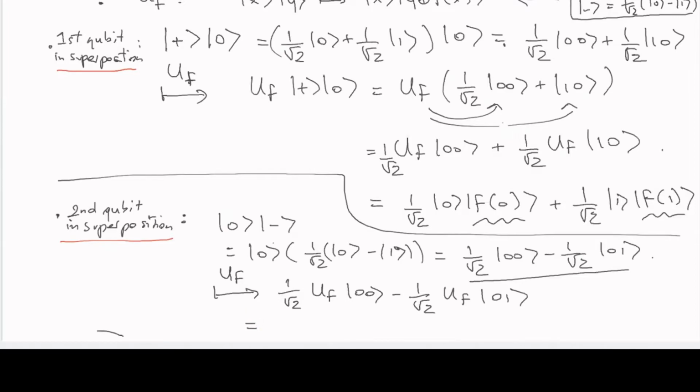What this gives us is 1 over square root of 2, 0, f of 0, and minus 1 over square root of 2, 0, and then 1 plus f of 0. Okay.